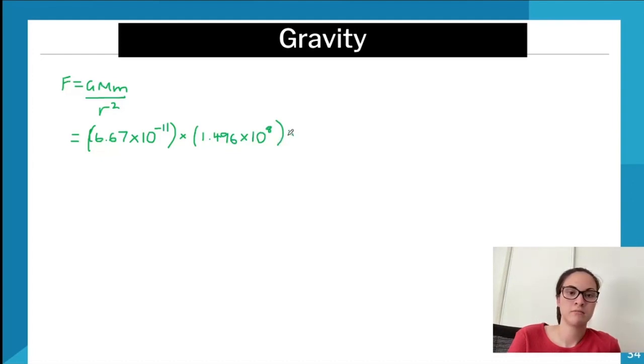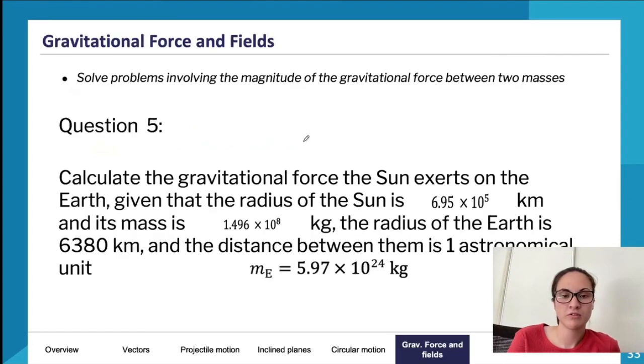Multiplied by 5.97. Let's make sure we're using the right one too.